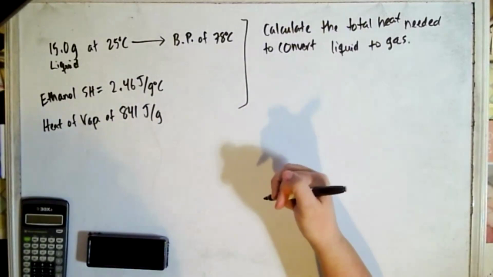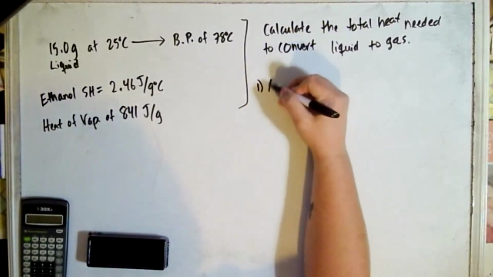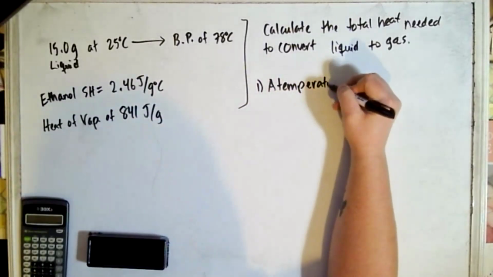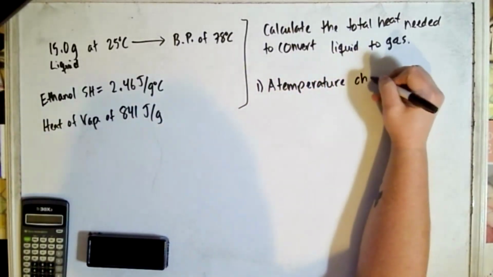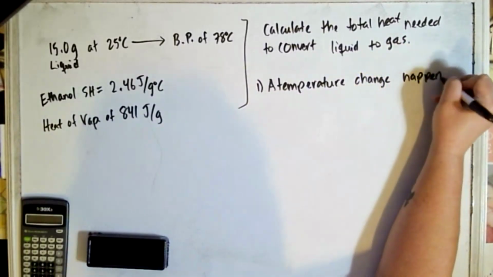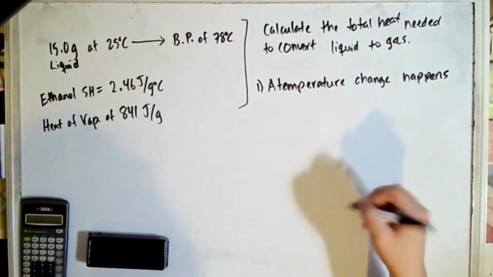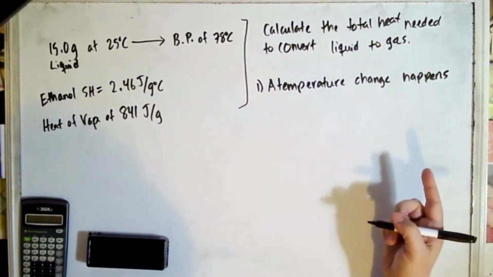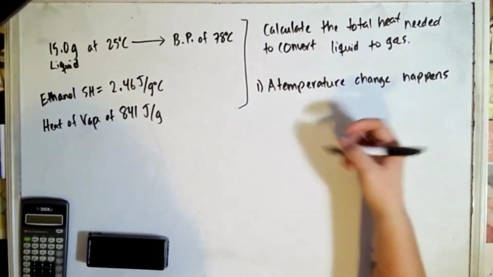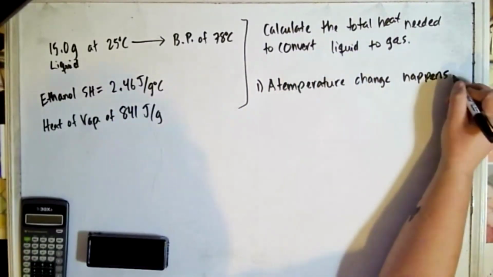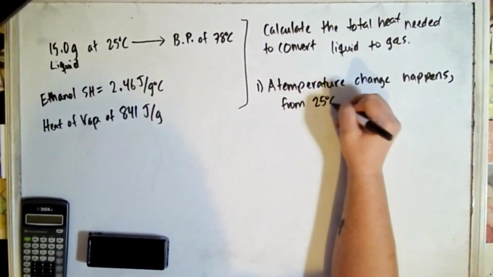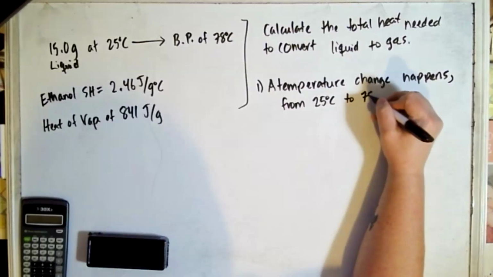There's a temperature change that happens, because remember that we have the liquid ethanol at 25 degrees Celsius, right? And that liquid ethanol cannot vaporize until it reaches 78 degrees Celsius. So a temperature change happens first. It goes from 25 degrees Celsius to 78 degrees Celsius.